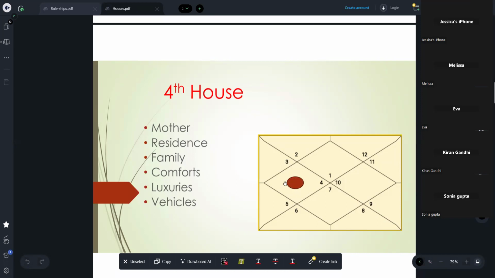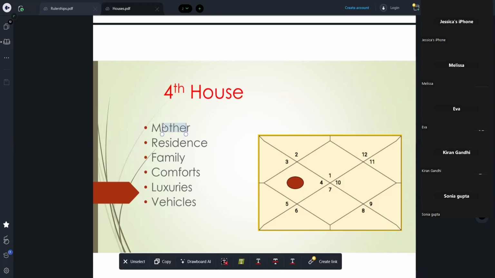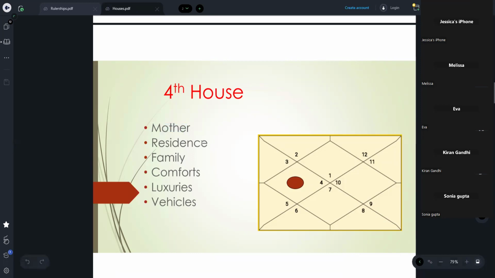This is your domestic environment, the fourth house. The reason why the fourth house is mother is also because she nurtures the child. Child feels safe when they're with their mother, right? Fourth house represents mother. It's your residence, specifically your domestic environment.